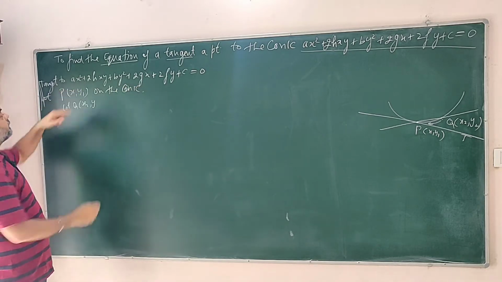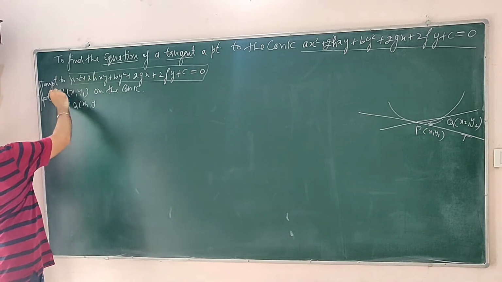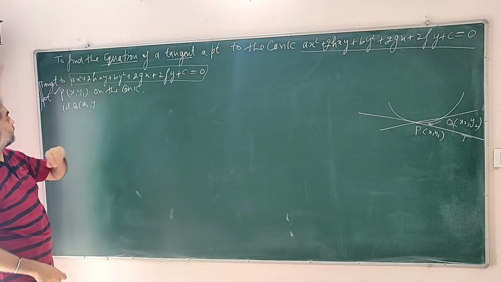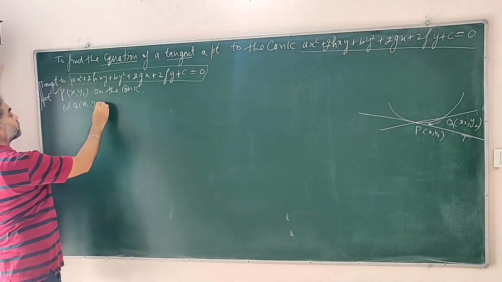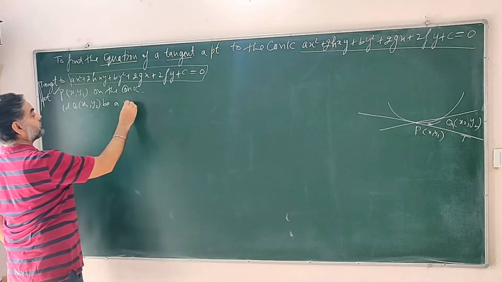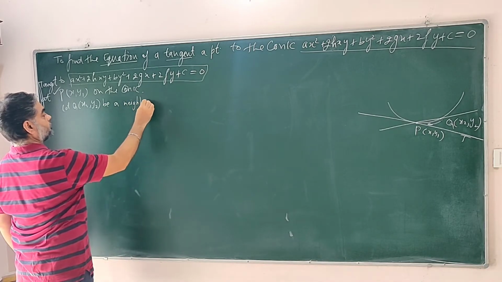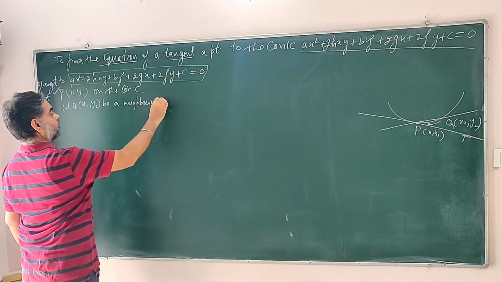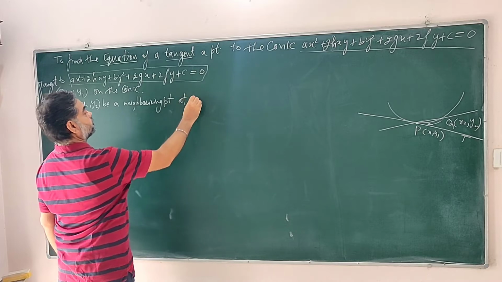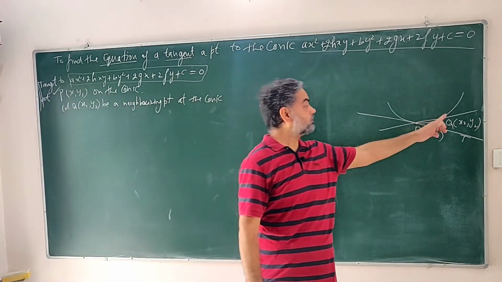So we have to find the tangent to this conic at the point P x1 y1 on this conic. This point lies on the conic. Let the point Q x2 y2 be a neighboring point on the conic. Okay, suppose Q is another point on the conic.